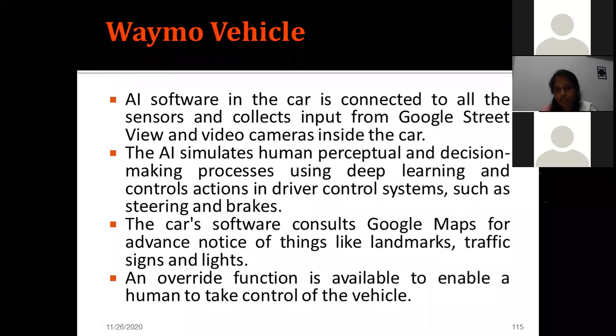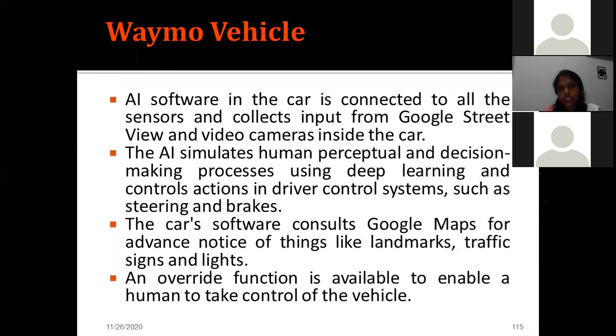So this AI software can be incorporated in cars, and there is one more example that is known as the Waymo vehicle. We are collecting information from a distance, maybe from a camera. Google Maps can be interfaced with our car software to recognize the landmarks, the traffic signboards, lights, green light, red light, yellow light.